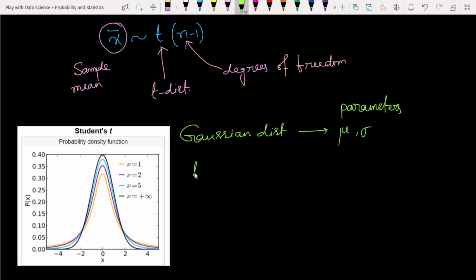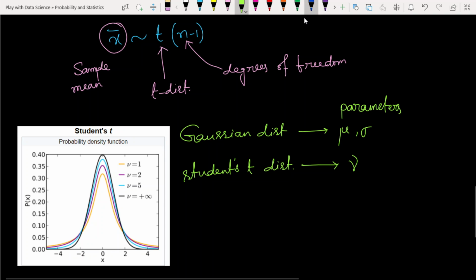But in the Student's t distribution, we have only one parameter, that's called nu. If you increase the value of the parameter nu, the peakedness of the distribution increases.